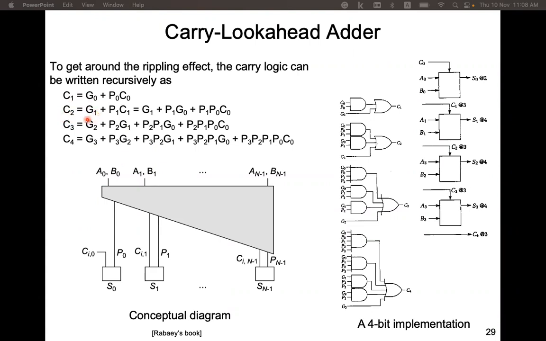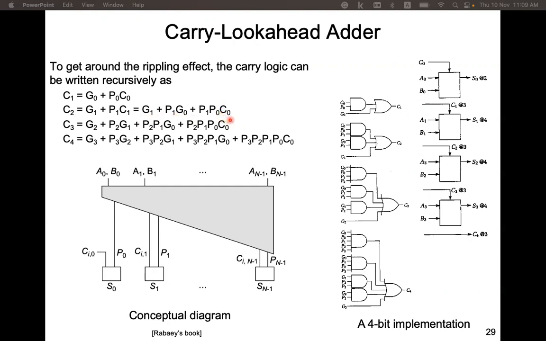Then C2 is G1 plus P1 times C1. And we can replace the C1 value using its previous expression recursively, so we obtain this function. The property here is that C2 is a function of these G and P values and the C0 value.